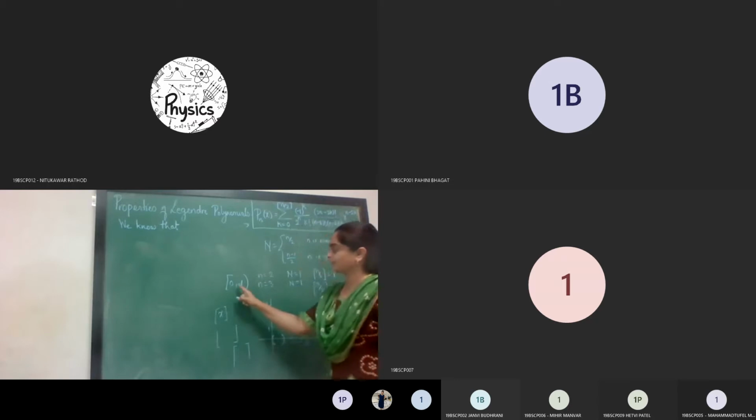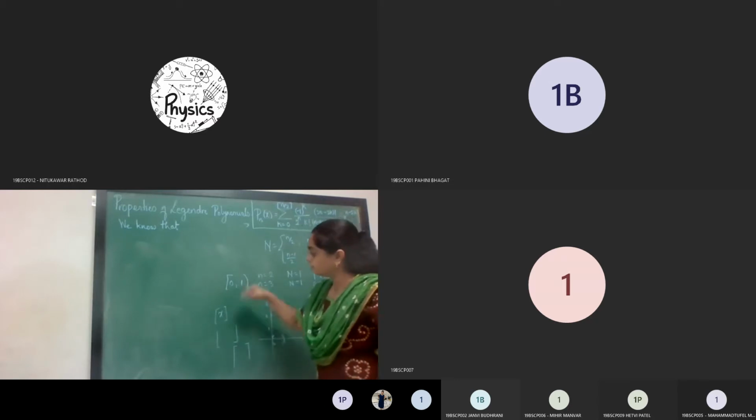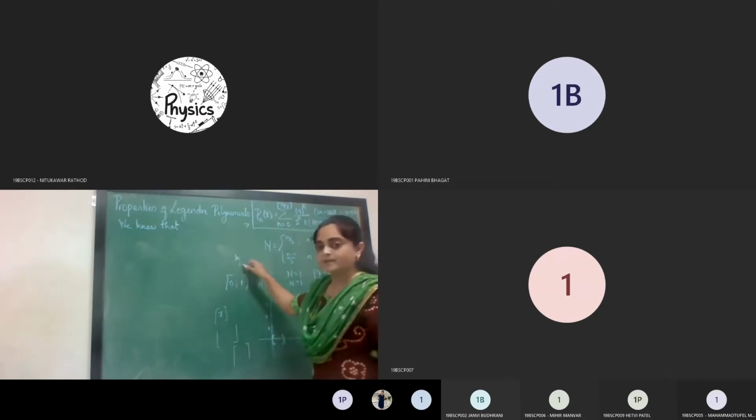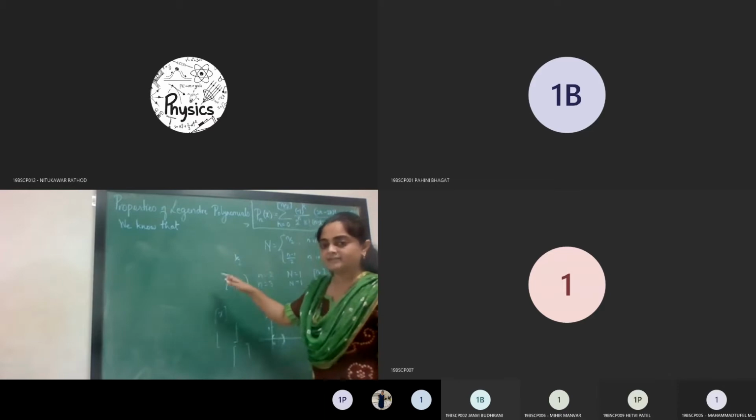Then whatever x you take here, you have to consider the lowest integer part of this function. Suppose I consider 1 by 2. Then for 1 by 2, which integer is on the left-hand side?